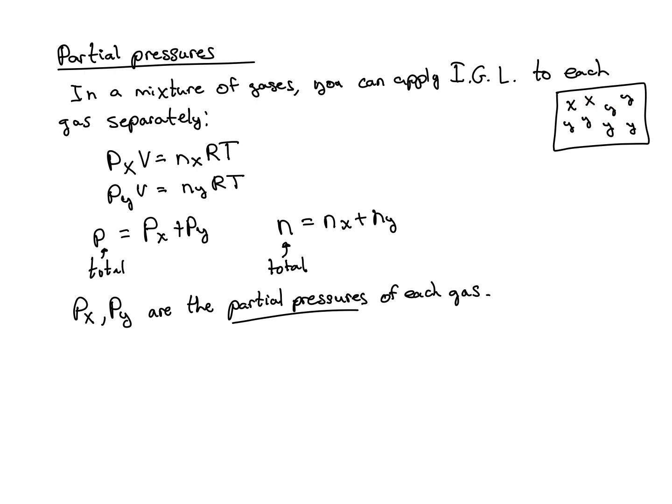You can always apply the ideal gas law to each gas separately, so the partial pressure of X times the volume, which is always the same total volume here, but the partial pressure of X is proportional to the moles of X, the partial pressure of Y is proportional to the moles of Y, and the total pressure is just the partial pressure of X plus the partial pressure of Y. This is a good assumption for ideal gases, and it works really well for non-ideal gases too. So yeah, partial pressures are really important.